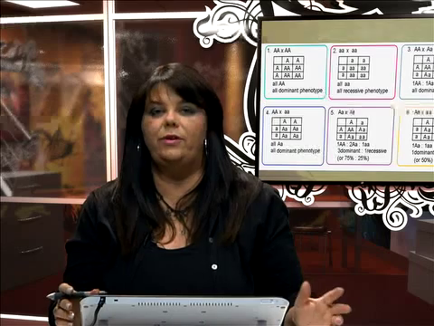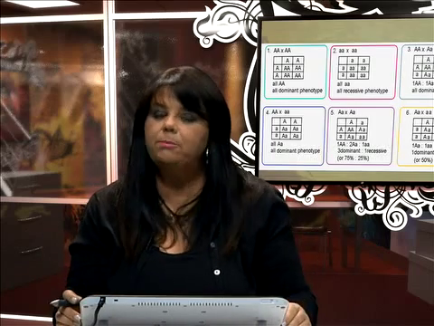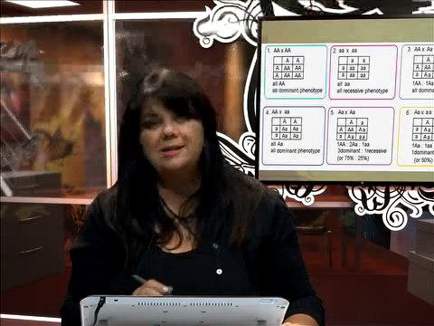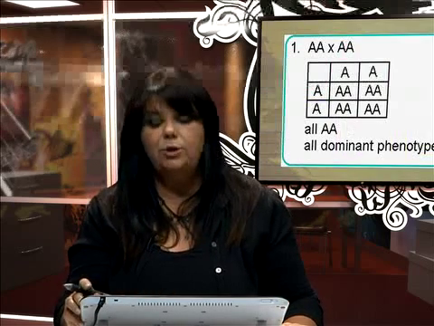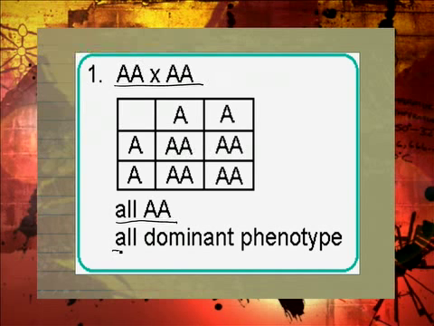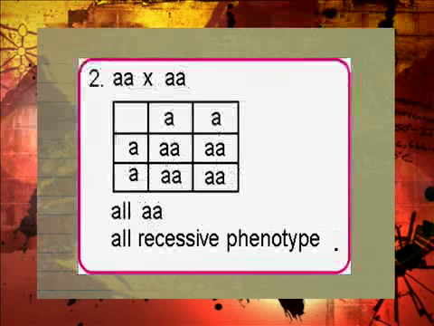Students often get very panicky and they say, oh, there's so many options that there possibly could be. In fact, there aren't. There are 6 possible options. You can either start off with the parental generation as all dominant, which will lead to an all dominant genotype and an all dominant phenotype.